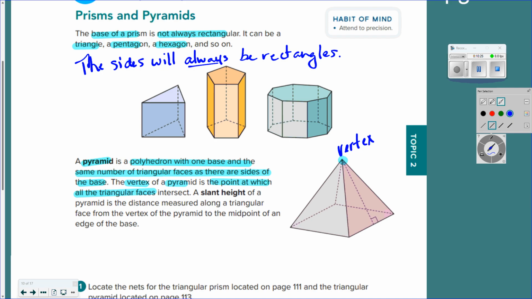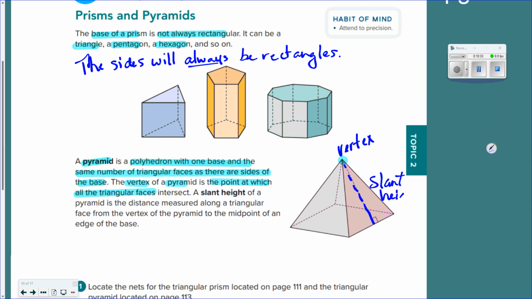Your slant height is going to be this distance here. That is what we call the slant height. We need the slant height in order to be able to determine the area of that side. So the slant height of a pyramid is the distance measured along a triangular face from the vertex of the pyramid to the midpoint of an edge of the face.